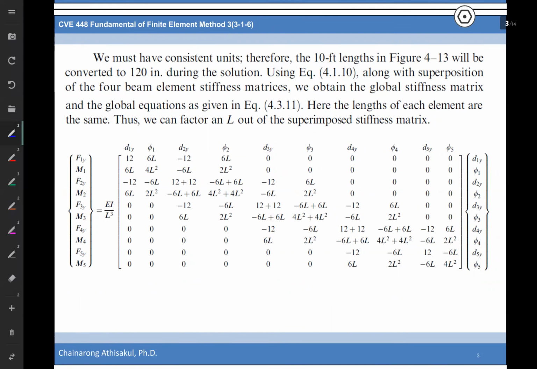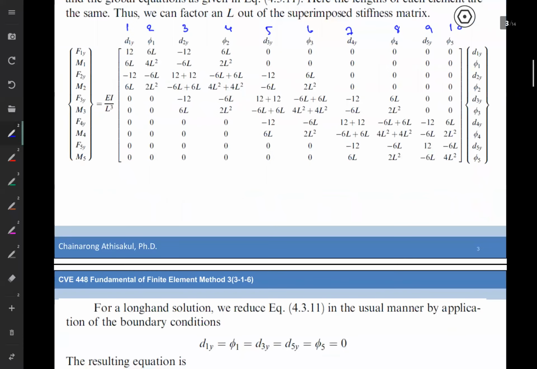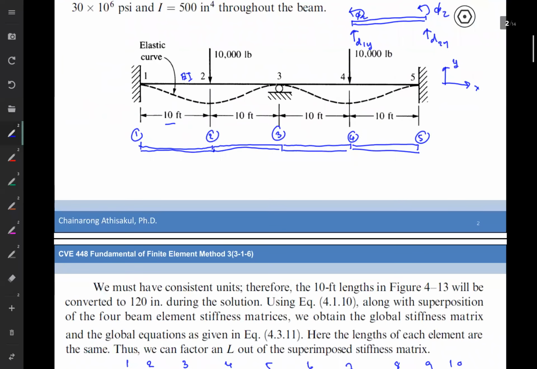The global equation becomes like this, just 10 by 10, with degrees of freedom 1, 2, 3, 4, 5, 6, 7, 8, 9, 10. We have to consider the boundary conditions, which are homogeneous. The boundary conditions of the supports are defined by the physical meaning of the support.